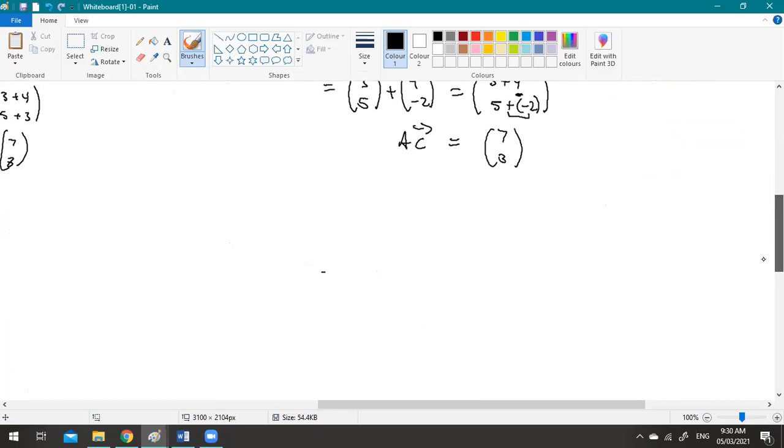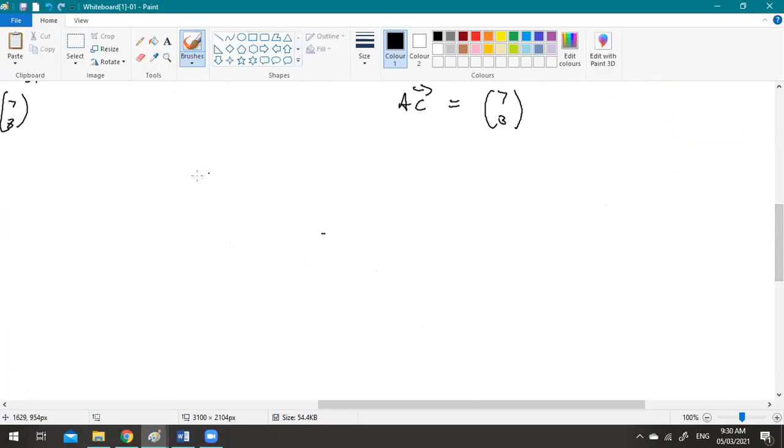Then we have the parallelogram law. And I have this one here.